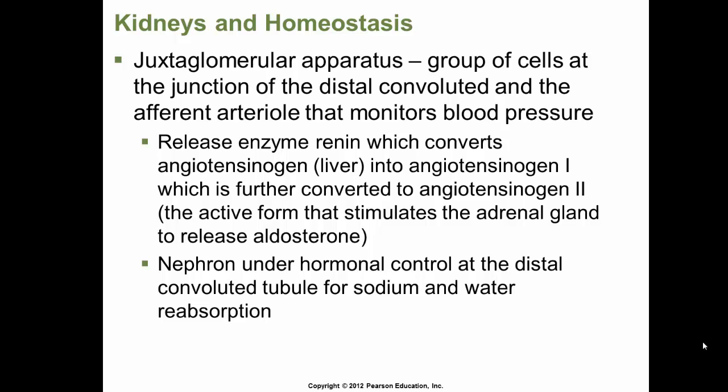So it's going to be a cascading effect where renin is going to cause one conversion to another conversion to another conversion that's going to stimulate the adrenal gland to release aldosterone, which is going to cause sodium to be reabsorbed.